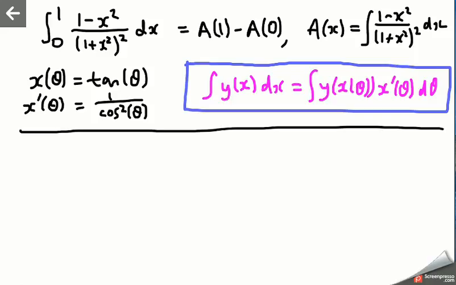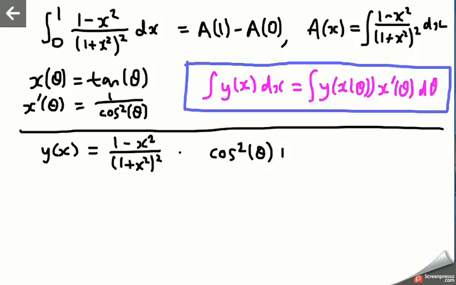So we know that y of x is equal to (1 minus x squared) divided by (1 plus x squared) squared. That's one thing we know. Another thing we know is that cosine of theta squared plus sine of theta squared is equal to 1.